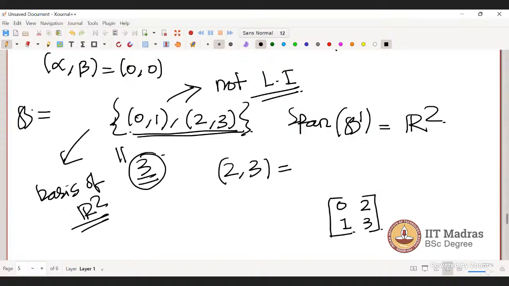The rank of this matrix is also 2. The rank of this matrix will give you the dimension of the span.